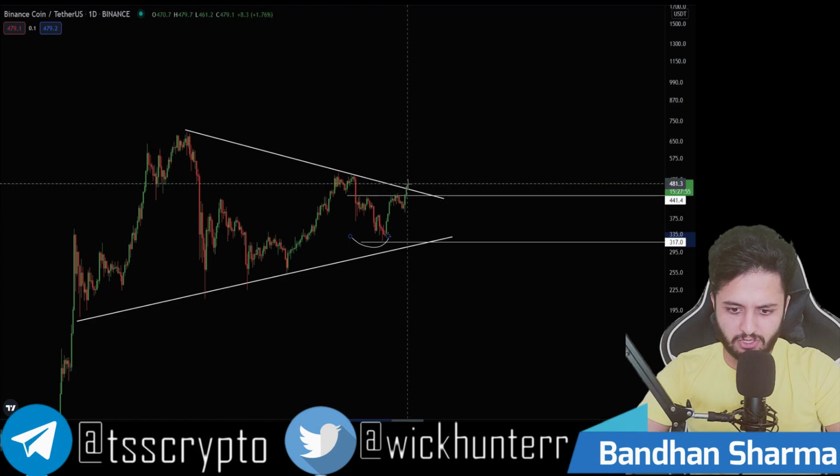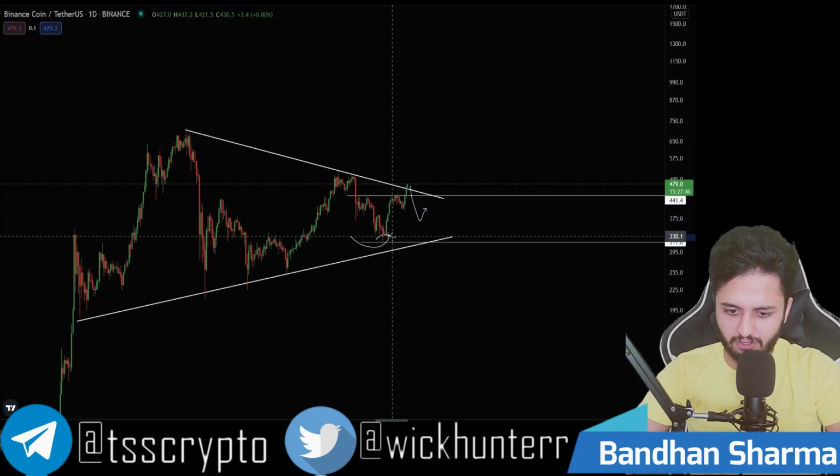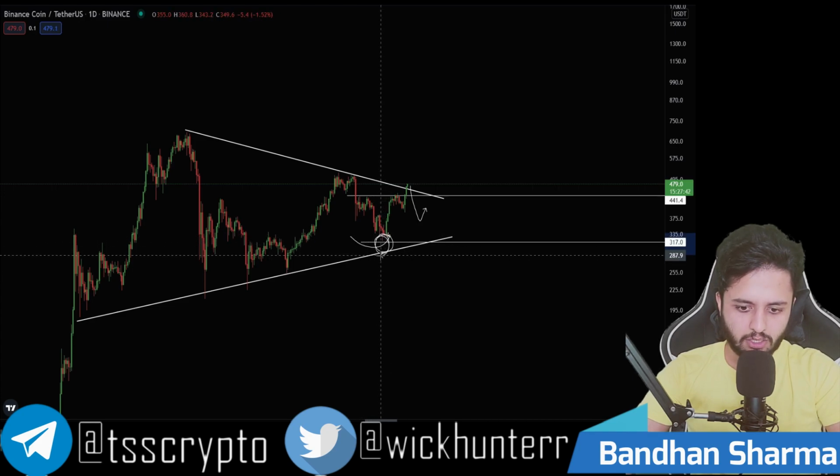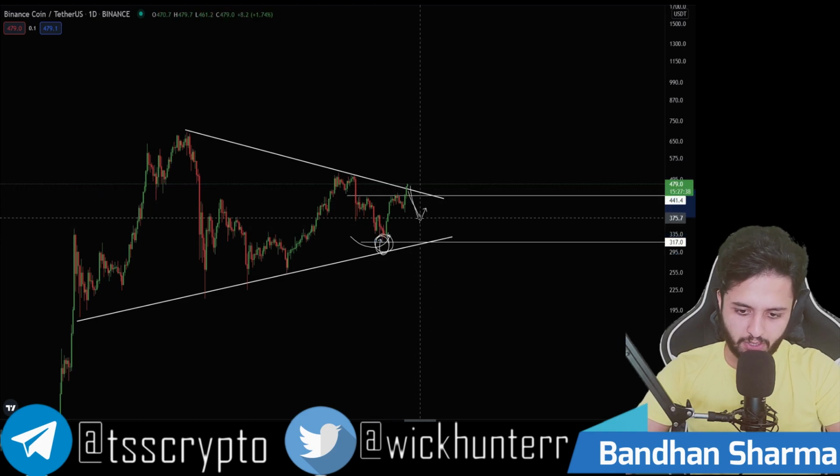Then there can be chances it goes back into the triangle. So we should not close below this area, we should stay above it, and any retracement is a buy.